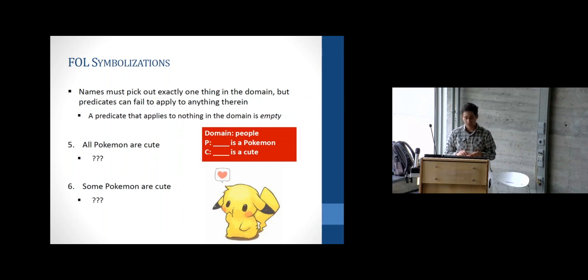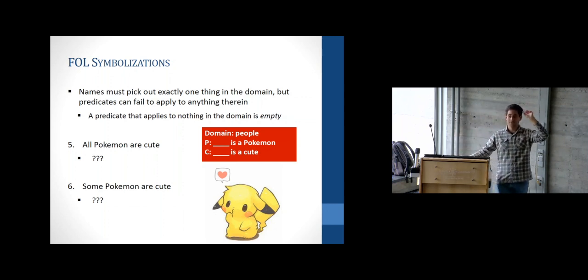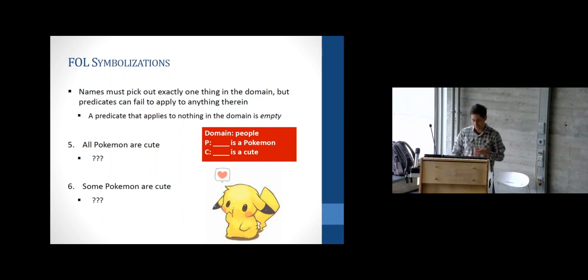How would you write "all Pokemon are cute" in first order language? The word "all" here is kind of like a red alert. This is first order logic. Again, all, that's the universal quantifier. For all x, if x is a Pokemon, then x is cute.